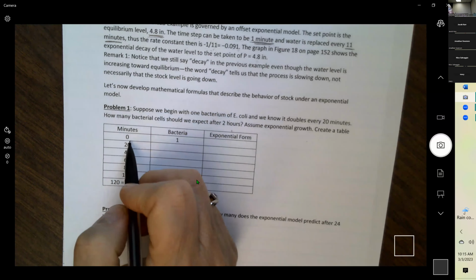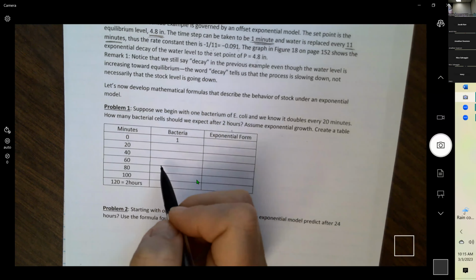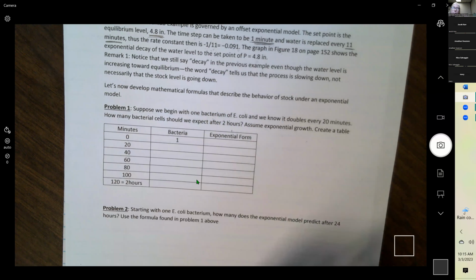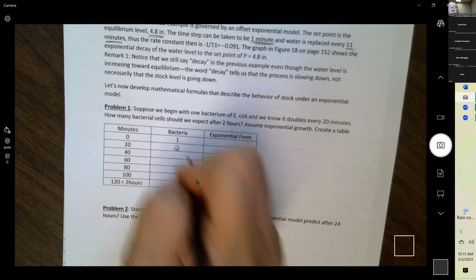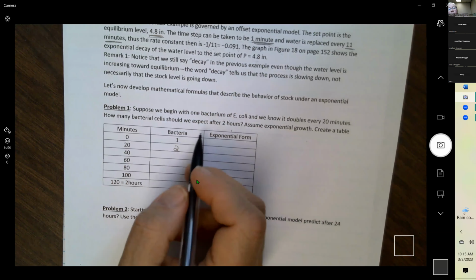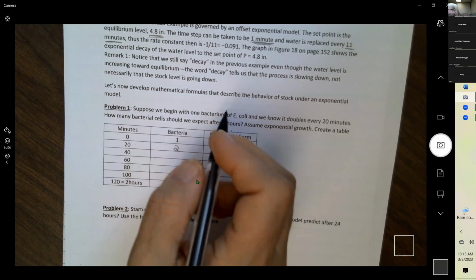So for the first time when it starts, we have 1 bacteria. In 20 minutes, how many bacteria are there? Anyone? 2. If it doubles, there's 2. In 40 minutes, 20 more minutes, this will double again.